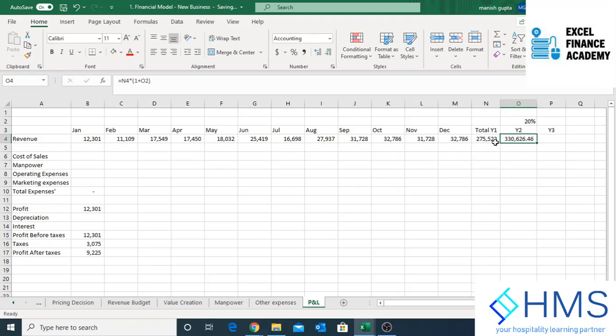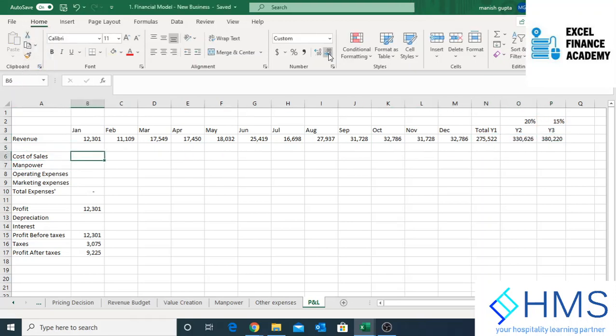So you get your revenue for next year. And let's say you want to increase another 15% in this particular month, so you can copy the formula, and it will increase it. So next year revenue will be 380,000, right?